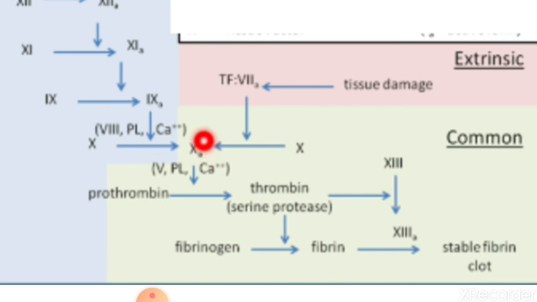When factor 10 is activated by the effect of factor 5 and calcium, here we have factor 2, which is called prothrombin. And when prothrombin is activated, thrombin is formed. The thrombin causes activation of fibrinogen.